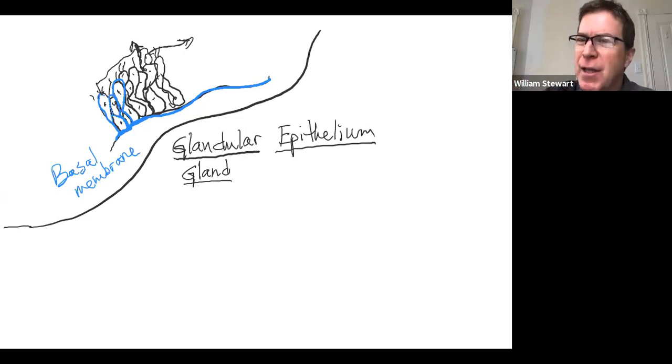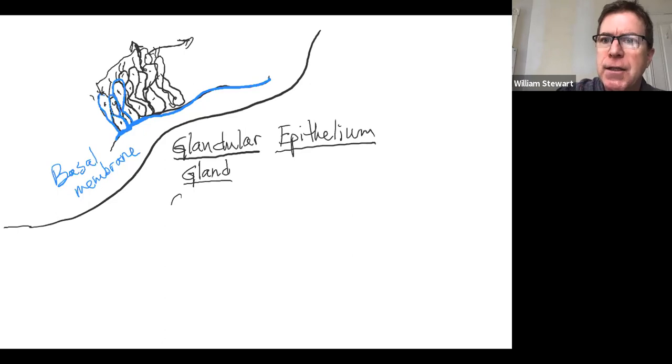The secretions typically are water-based, but not always. They can also be steroid or lipid-based, fat-based. So usually they're one or the other: either water-based secretions or lipid-based, steroid-based secretions.